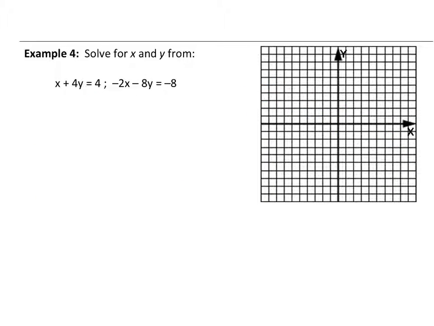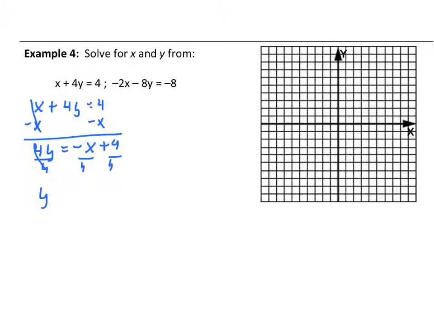Okay, so we're going to solve for y and solve these equations. So the first one I will write x plus 4y equals 4, and then I subtract x. So we've done this a lot of times. So I get negative 1/4 x, and if I divide by 4, that means plus 1.